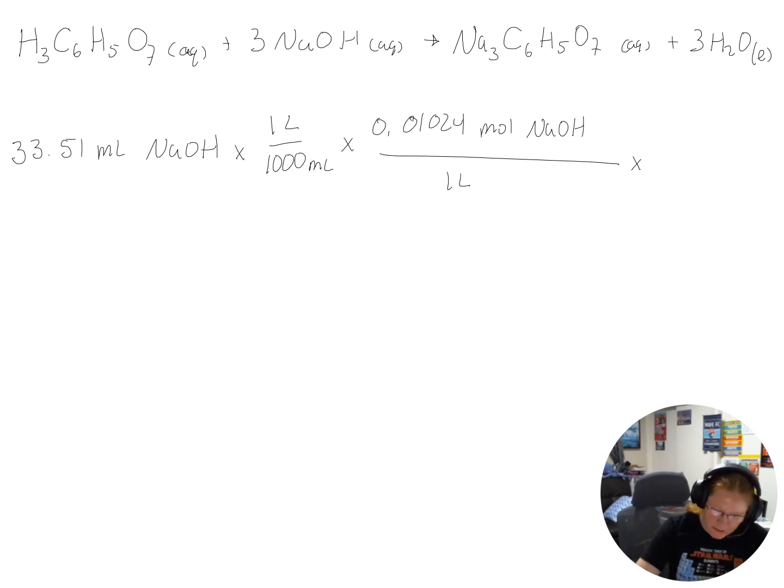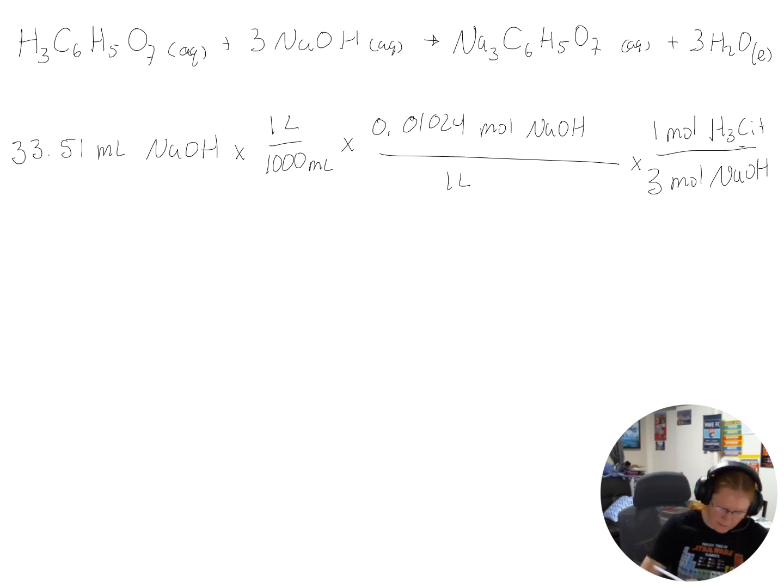According to our balanced equation, I'm going to abbreviate citric acid with H3Cit. We have 1 mole of citric acid for every 3 moles of sodium hydroxide.